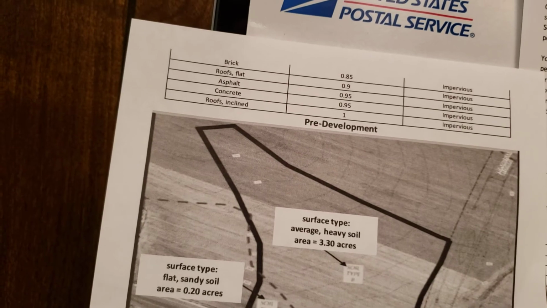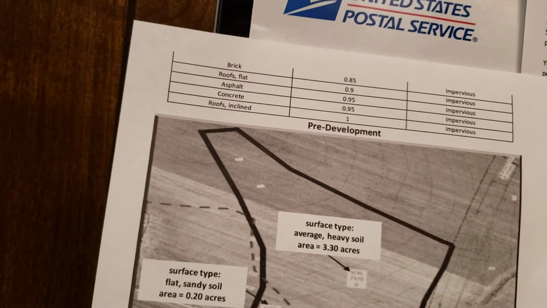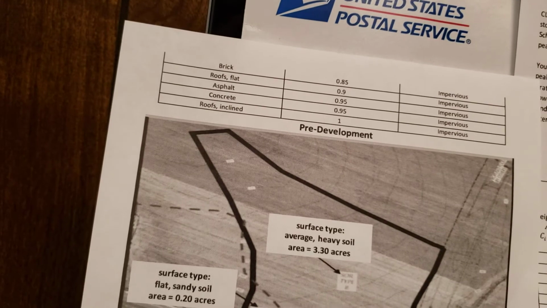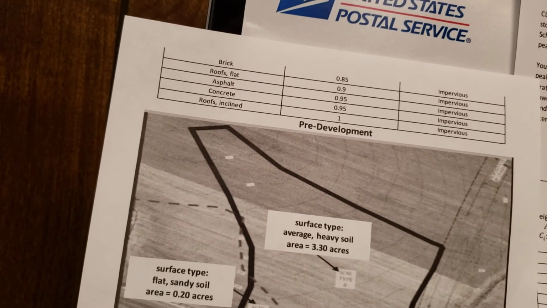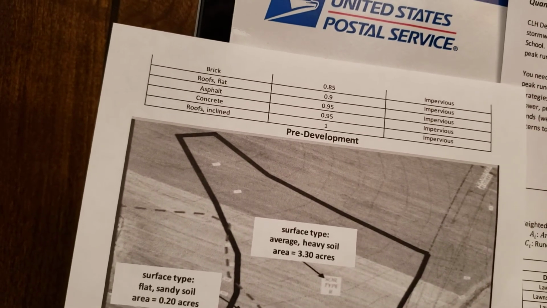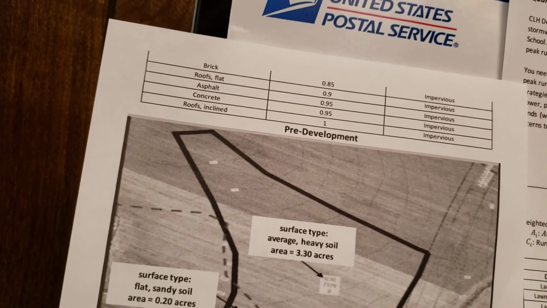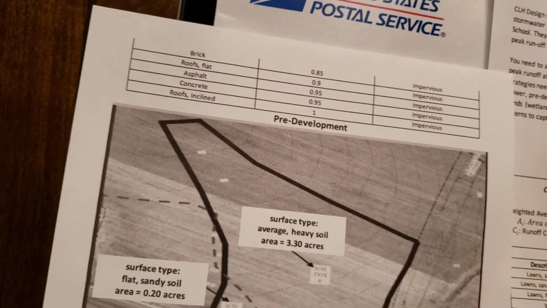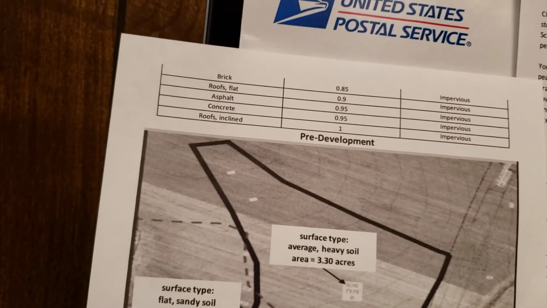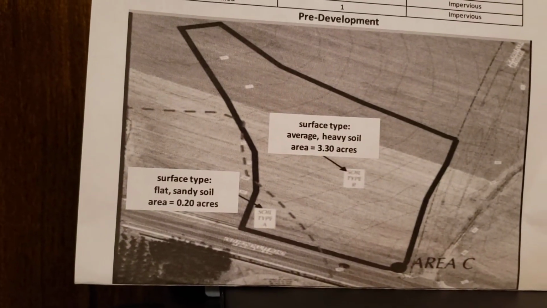When we compared the pre-development and post-development results, we see that the peak runoff in the post-development is about 43 cubic feet higher than the pre-development. So we definitely need a stormwater management system in there. The peak runoff in the post-development was 47.20 cubic feet, and for pre-development, it was 4.75 cubic feet.